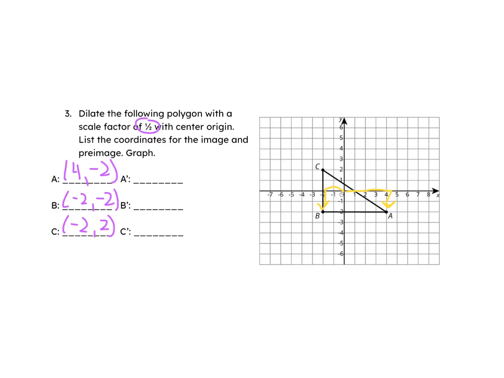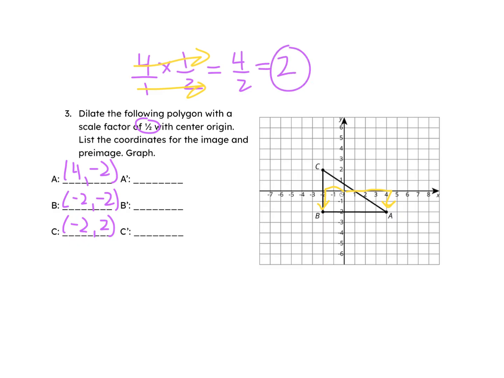Now, since the scale factor is 1/2, there's a couple ways to think about this. You can multiply every number by 1/2. For example, 4 times 1/2, that's our first coordinate right here, 4. If I multiply fractions, I make them both fractions, and then I just go across the numerator and the denominator. So I get 4/2, and 4 divided by 2 is 2.